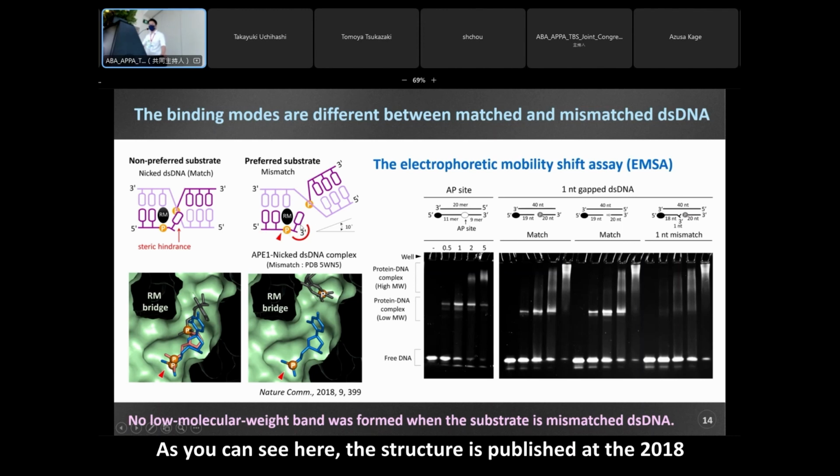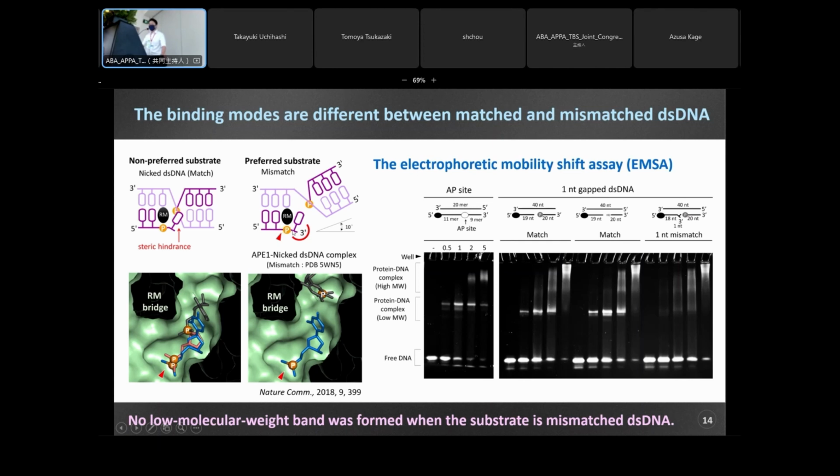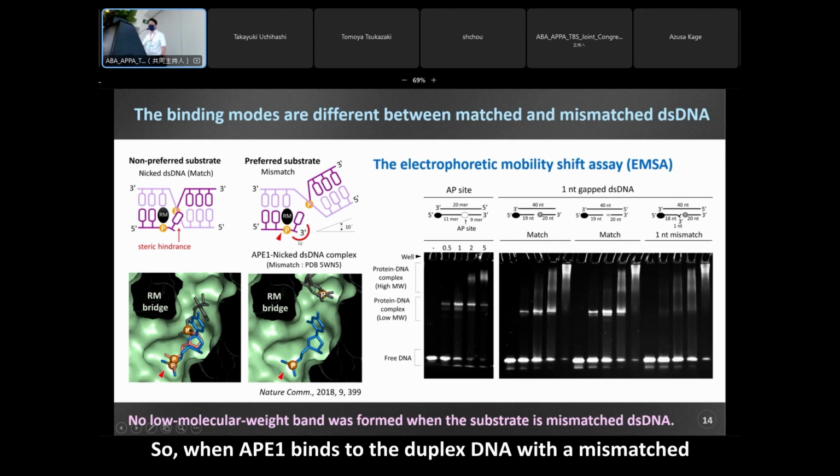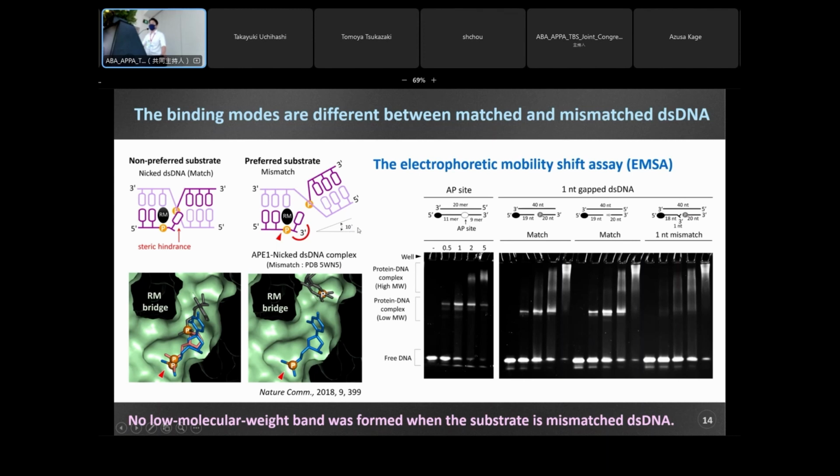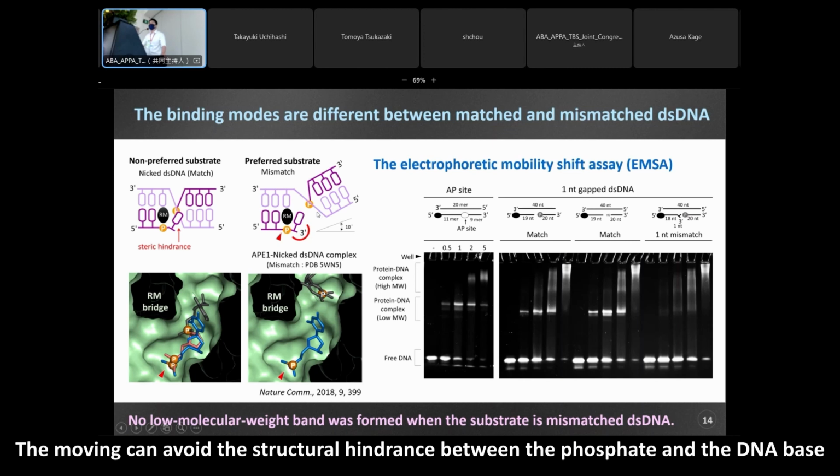As you can see here, when APE1 binds to the duplex DNA with a mismatch, the flank region is bent and moves about 10 degrees. The movement can avoid the steric hindrance between the phosphate and the DNA base.